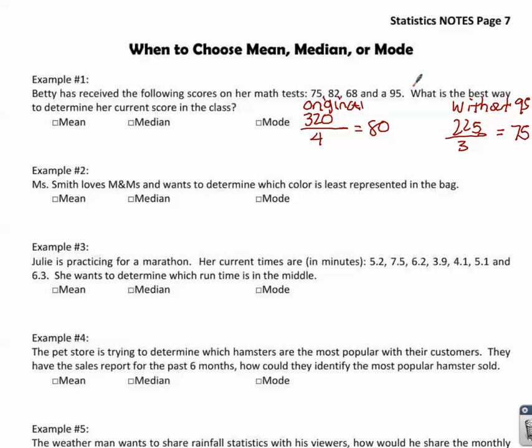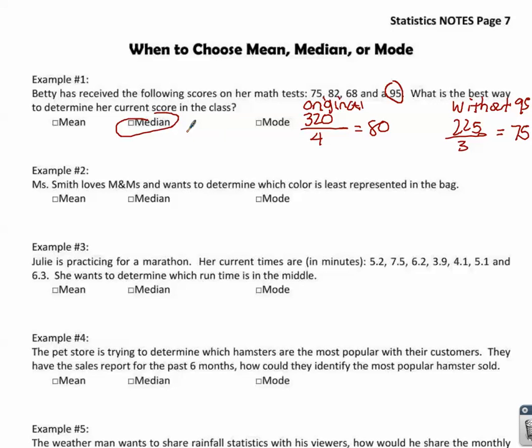So that last test score has a big impact on your grade; it skews your average up to an 80. So what you usually perform is your 75, 80, 70s, 80s range, but because you made that 95, it skewed your grade up. So because it does that, your best way to describe your data is to use the median, or the middle.